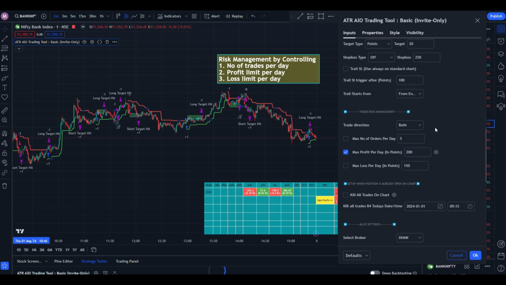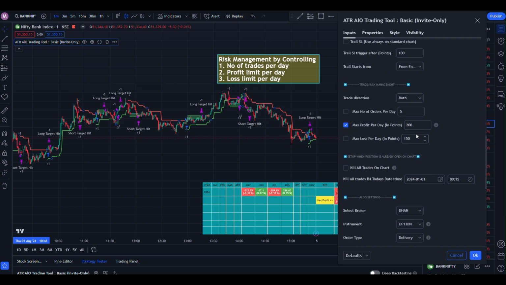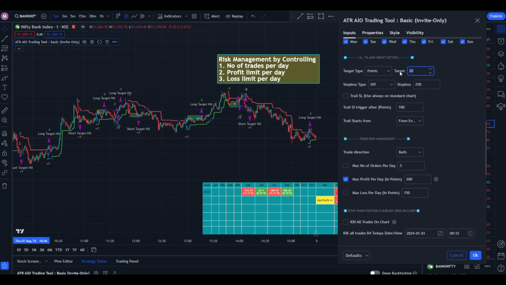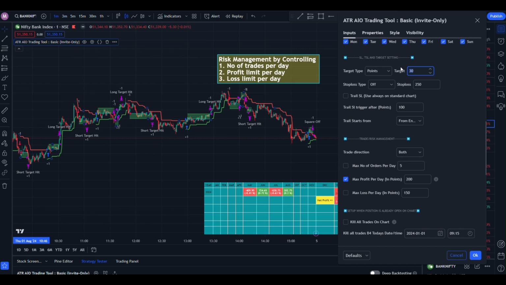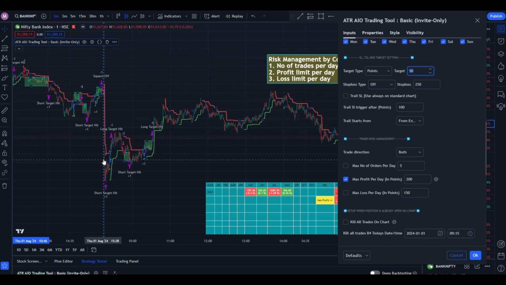200 points, able to capture 200 points. No, it's the target with the 30 points. Okay, so somewhere here 200 points is achieved.